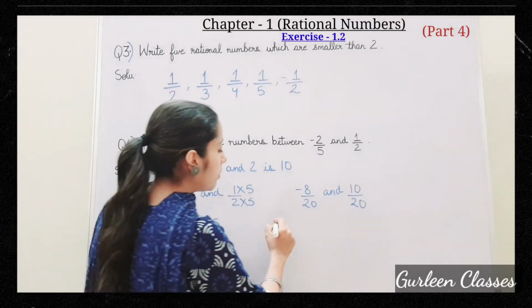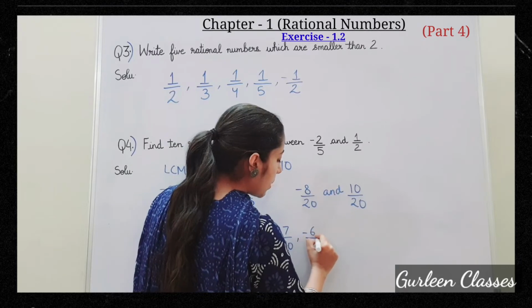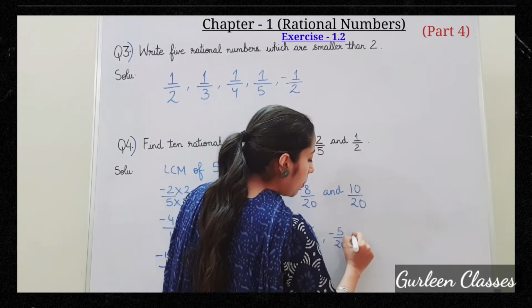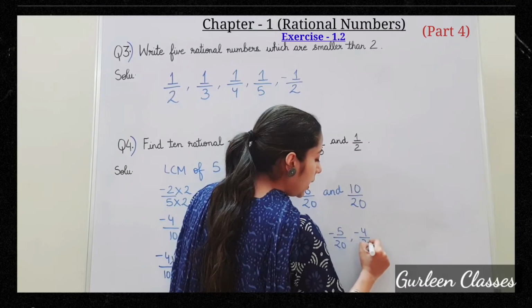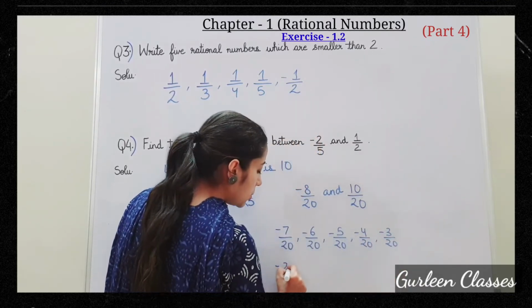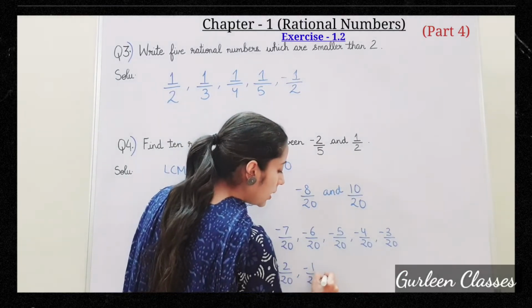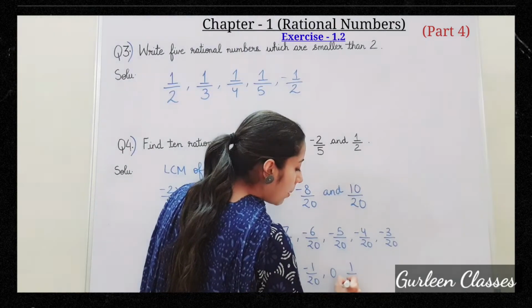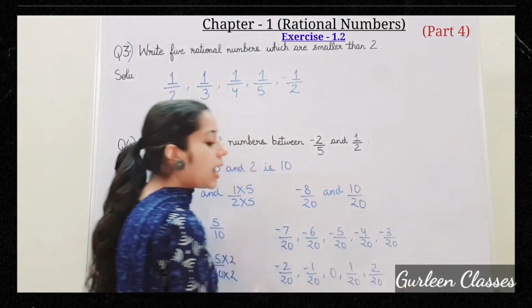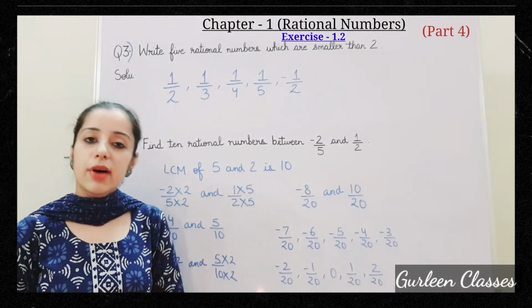So write minus 7 upon 20, minus 6 upon 20, minus 5 upon 20, minus 4 upon 20, minus 3 upon 20, minus 2 upon 20, minus 1 upon 20, 0, 1 upon 20, 2 upon 20. So these are the 10 rational numbers between minus 2 upon 5 and 1 upon 2.